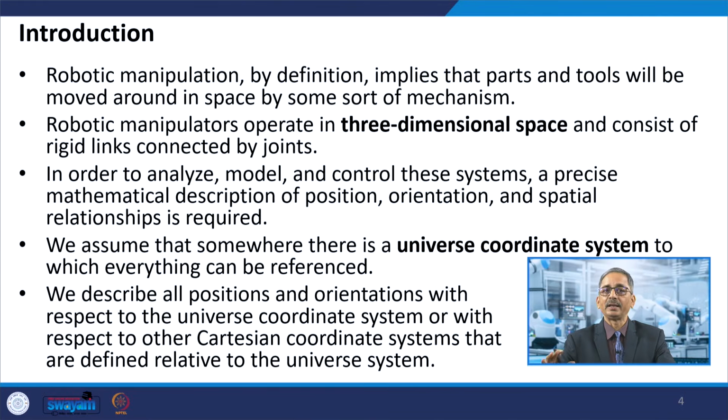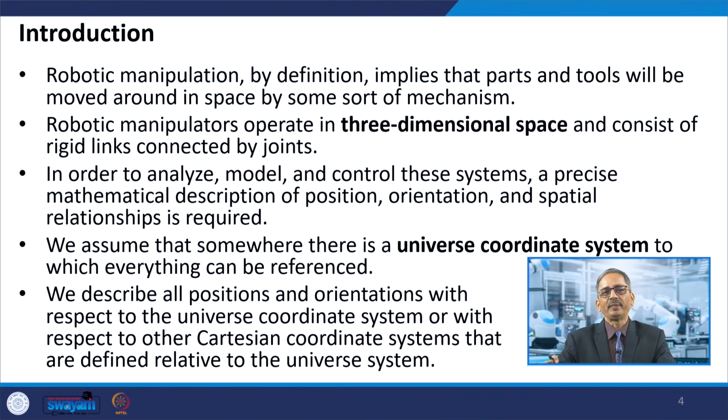These robotic manipulators operate in three-dimensional space, and they consist of rigid links connected through various types of joints, either revolute joints or prismatic joints. Further details about these we will be studying in the next lectures. In order to analyze, model and control these systems, we need a precise mathematical description of the position as well as orientation and the spatial relationship.